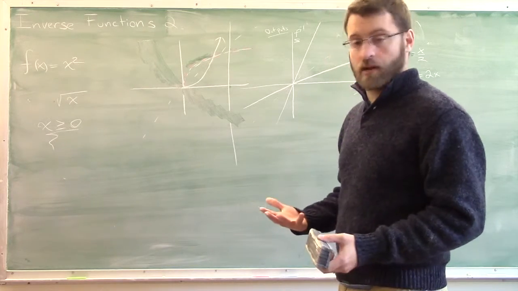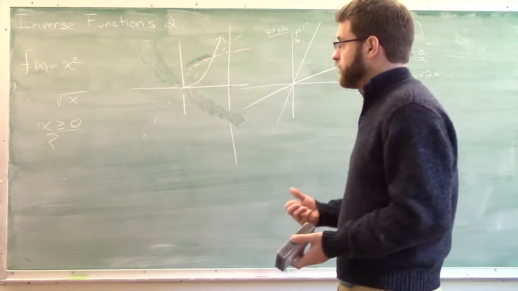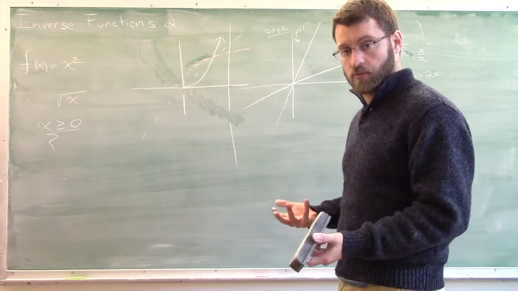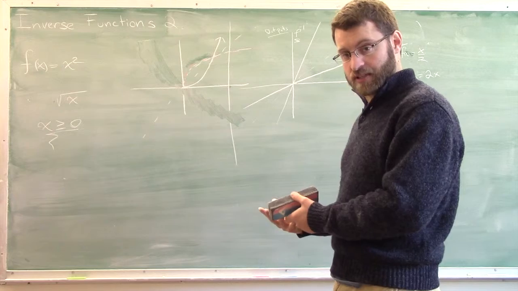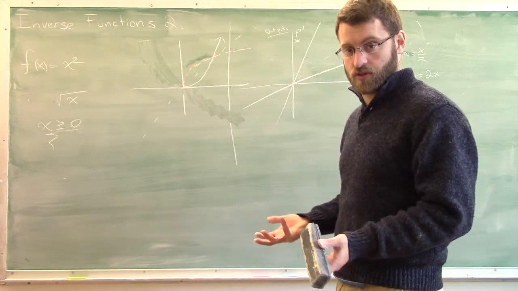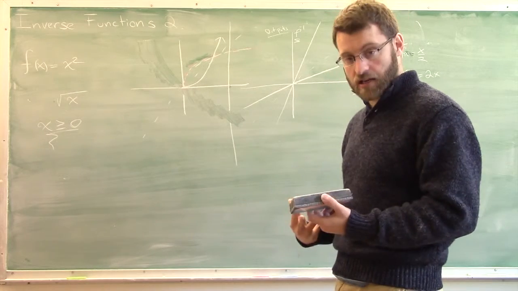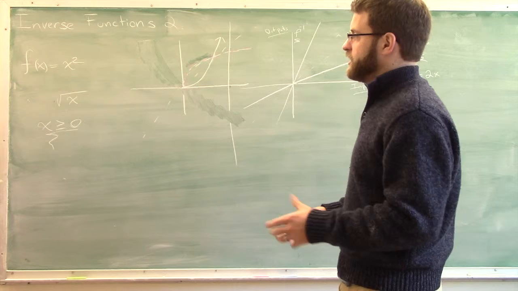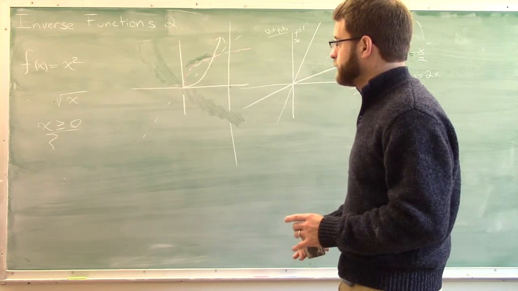An extreme example of this would be a constant function. With a constant function, you lose all information about the input because every output is the same. So constant functions have no inverses whatsoever. There's no way to extract information about the inverse of a constant function.